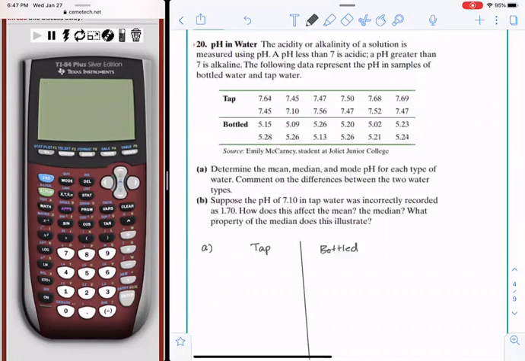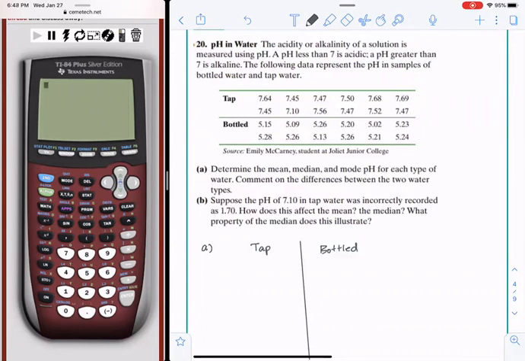We can do this directly using a TI-84 calculator, the median and such. But the mode, we can figure it out just by looking at observations that repeat themselves.